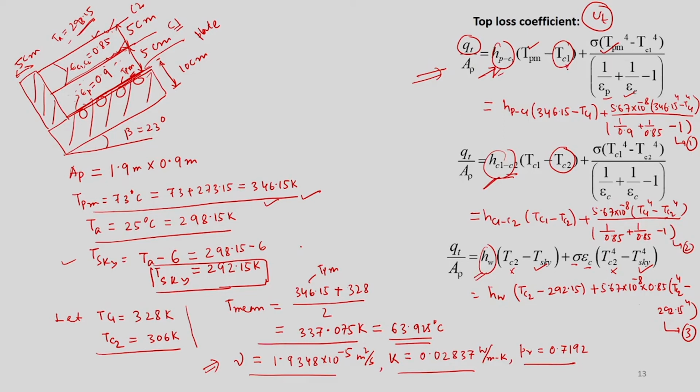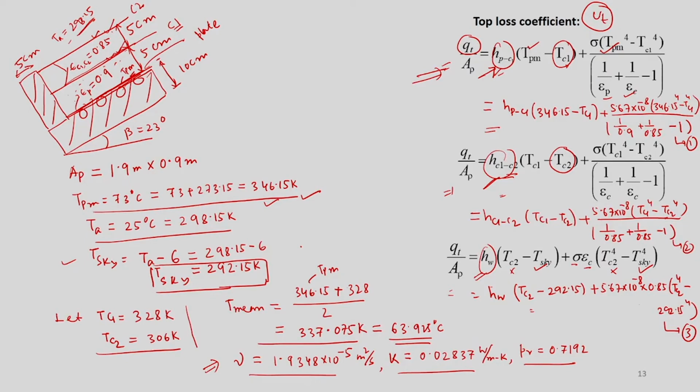Now, we need to check what is the value for this expression, and this expression, and this expression. If these values are not equal, then we have to come back here again and select two values of TC1 and TC2 which give approximately similar results for all these three equations.